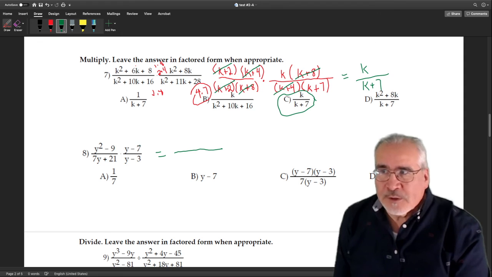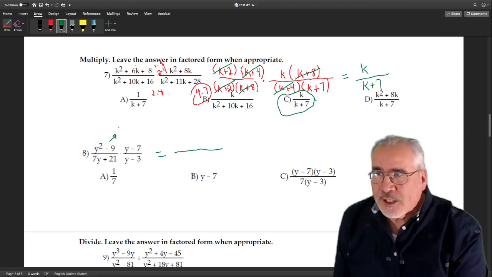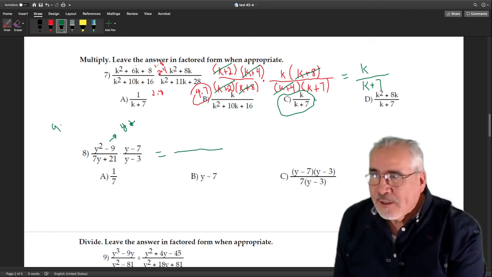So remember, a difference of squares factors into y plus the square root of the thing that's being squared, and again remember 9 is equal to 3 squared. Okay, so it's going to be y plus 3, y minus 3.